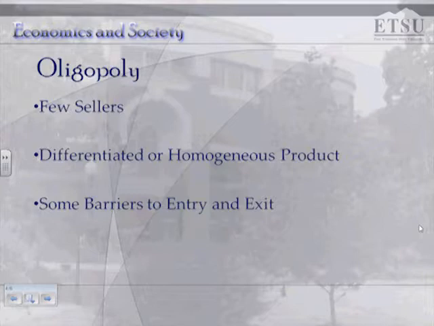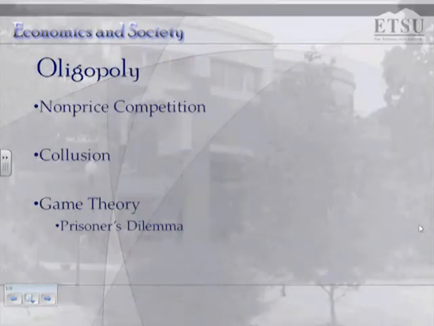There are going to be some barriers to entry into this market, which makes it similar to monopoly in this respect, that there are few sellers because it is hard to get into the industry for whatever reason.